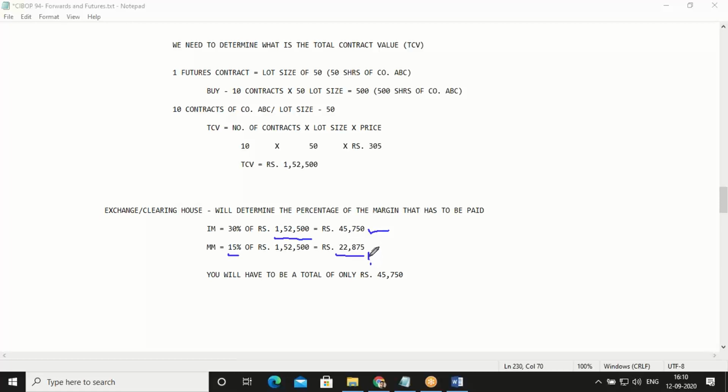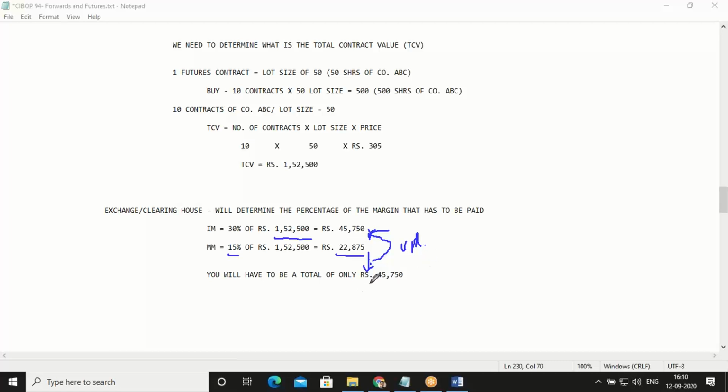Now, if it goes below this, what will happen? Already answered. If it goes below 22,875, you need to bring it back to the initial margin by using variable margin. Okay, is this clear?